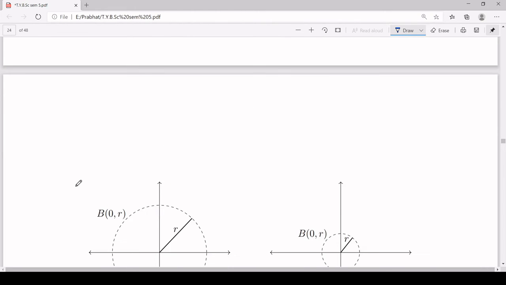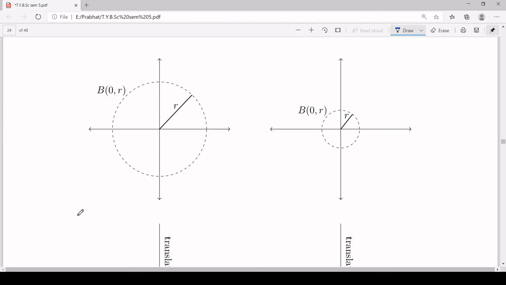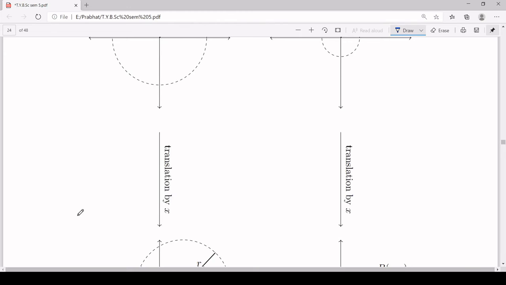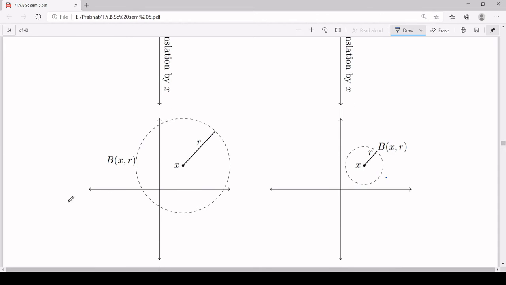So you get a bigger open ball B(0, r) here, and here a smaller open ball B(0, r), because your r was less than 1, so it was contracted. Now you want B(x, r), so you translate it by x. After translation by x, B(0, r) is shifted to B(x, r), and here also it is shown as B(x, r). It was just to give a glimpse of how you can visualize this.